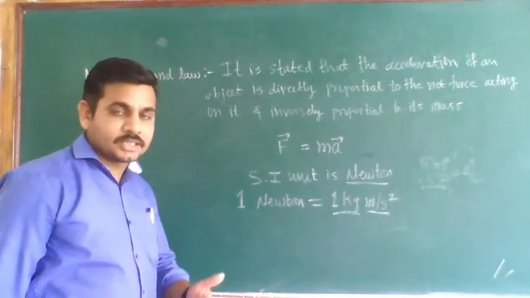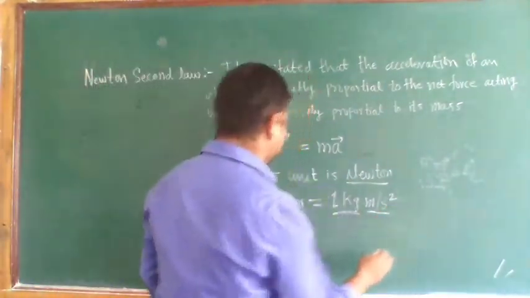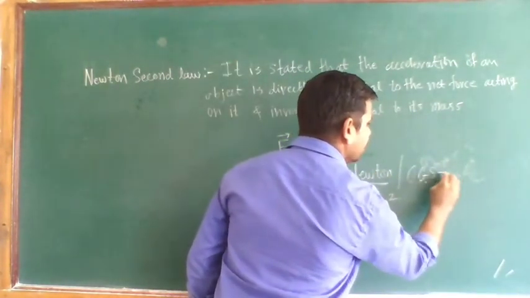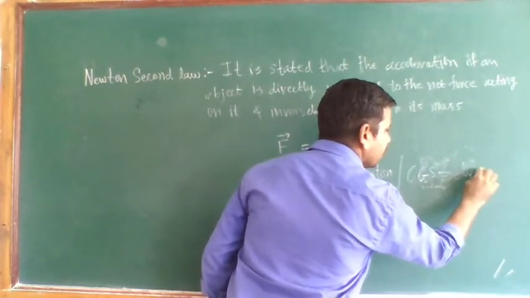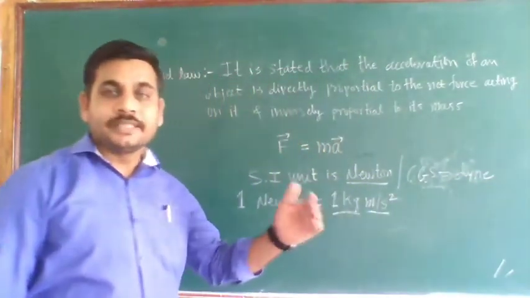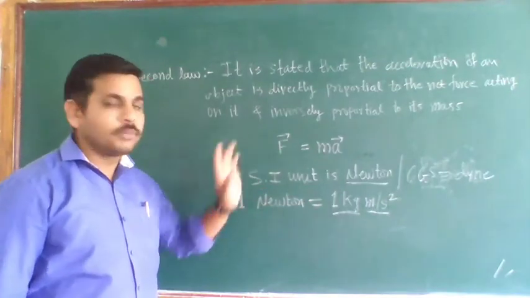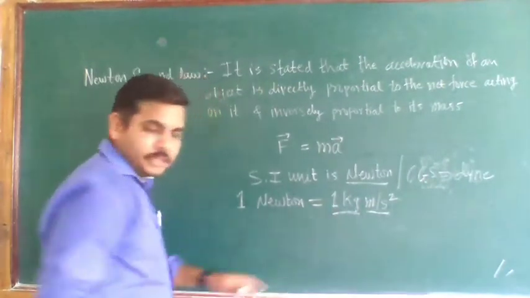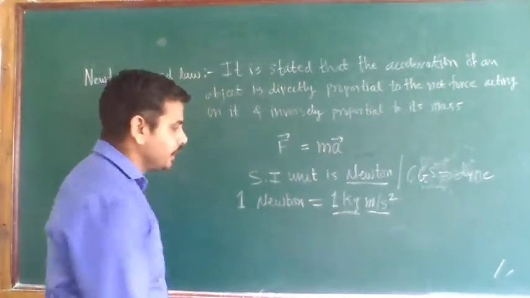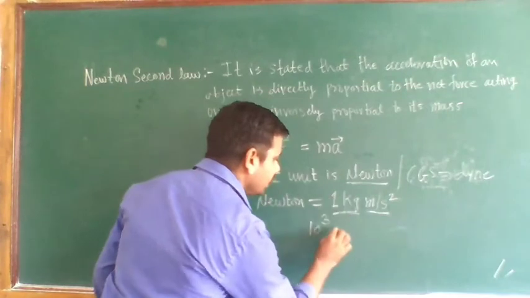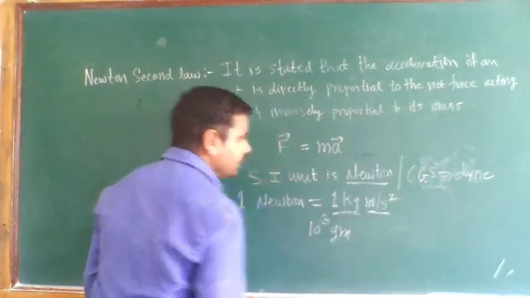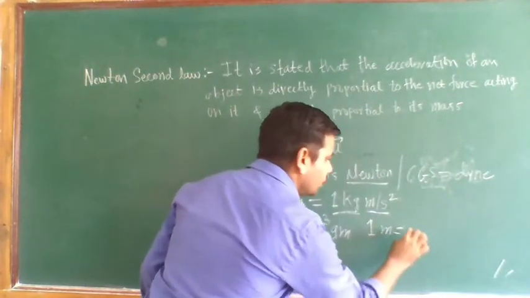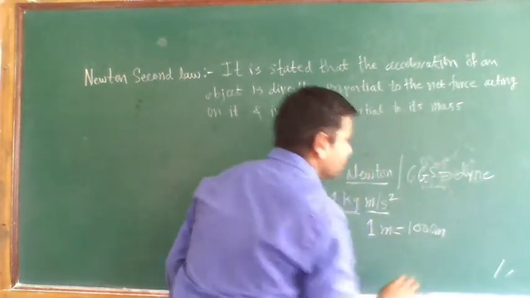In the CGS system, you know that the unit of force is nothing but the dyne. So we can define, in case of your CGS system, this 1 kg is nothing but 10 raised to 3 gram, and 1 meter is equal to 100 centimeter.